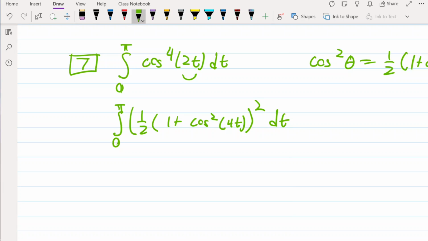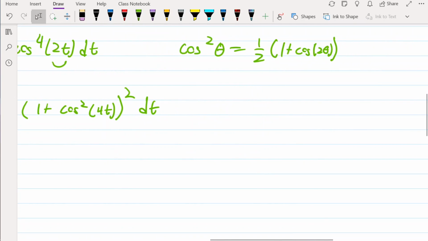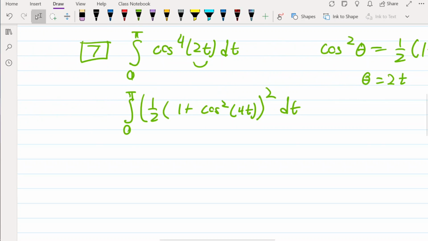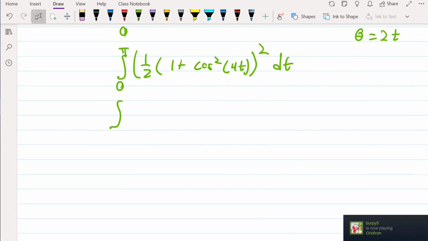Okay, there we go. Because there we have the theta there. If the theta is equal to 2t, then 2 theta equals 4t. Then the square gets distributed out. Okay.